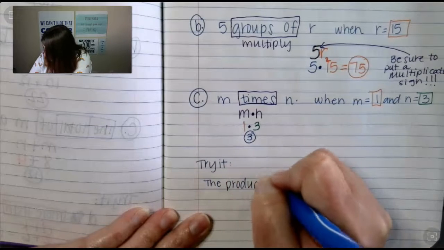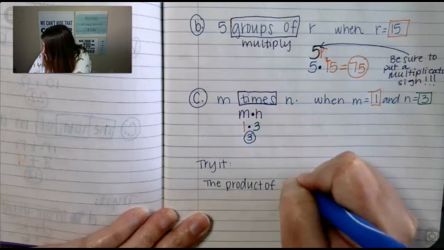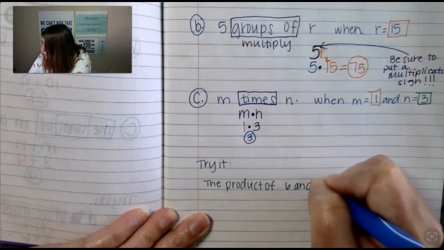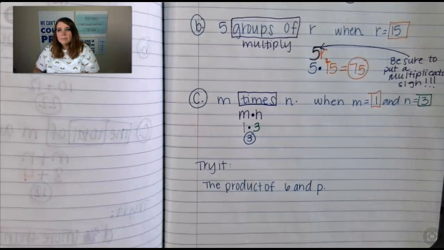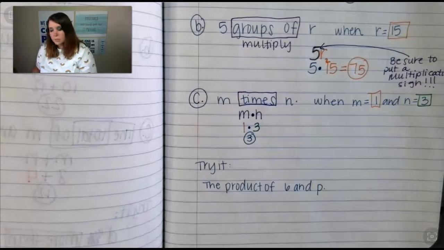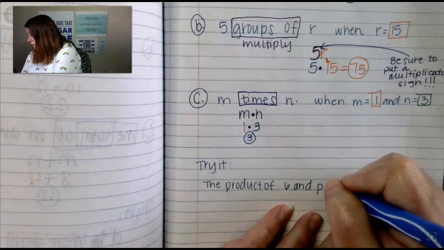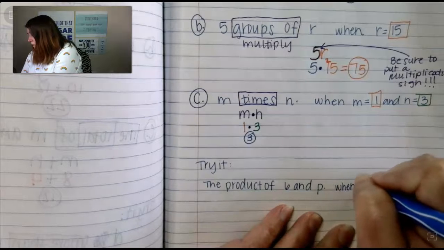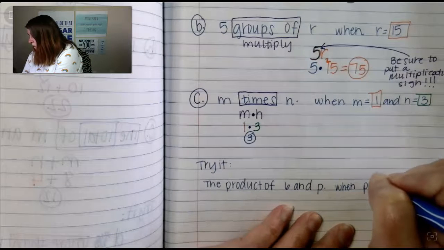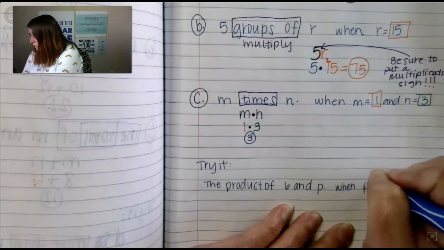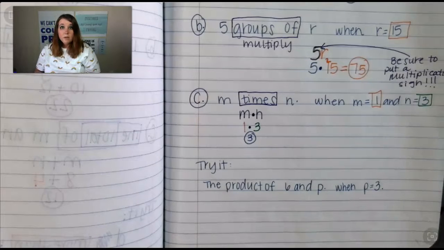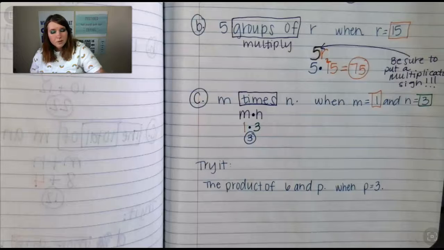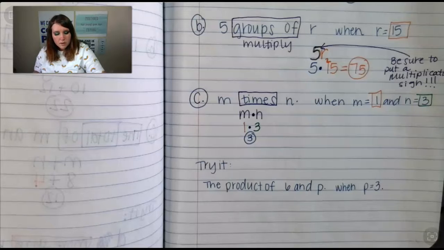The product of 6 and P, when P equals 3. All right, go ahead and solve that one. Hit pause right now so that you don't hear me solving it for you. And then when you're ready, hit play.